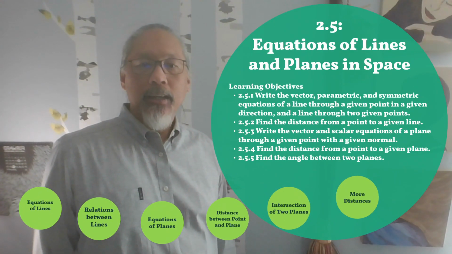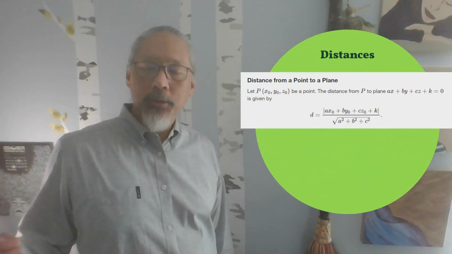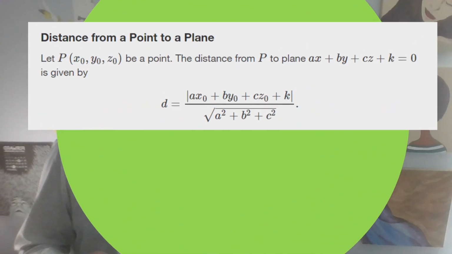And then finally, let's establish more distances. So we found a distance between a point and a line, we found a distance between a point and a plane, and just as I mentioned earlier, there's actually a nicer formula to find the distance between a point and a plane, and here's that nice formula.